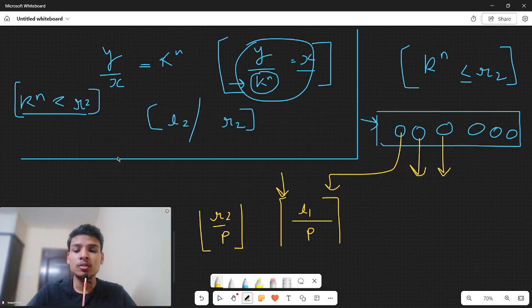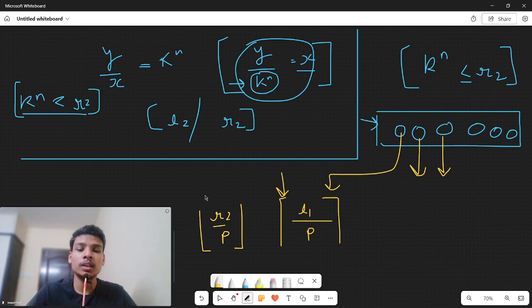So yeah, I think you get the explanation, right? So I'll repeat it once again. My k2 will always be smaller than r2. I'll find all the powers, right? Next I'll find the minimum x which is satisfying the condition, and that will be L1, because L1 is the smallest number which x can be, divided by the power which I get. And what is the maximum number which x can be?